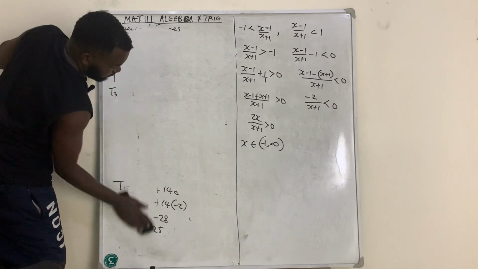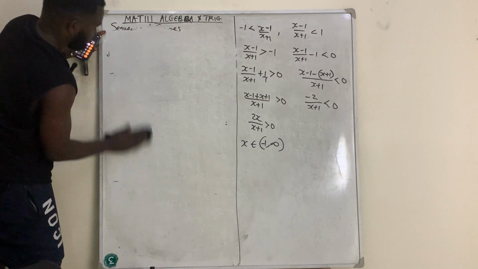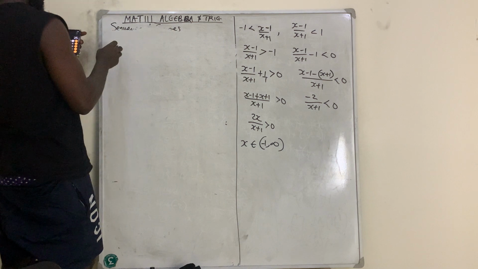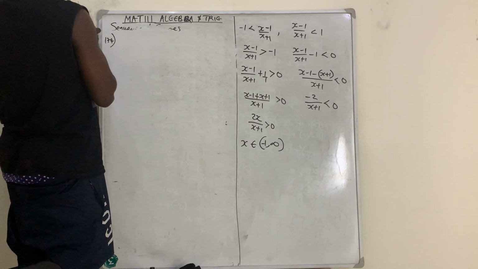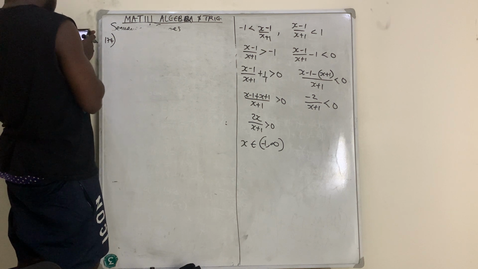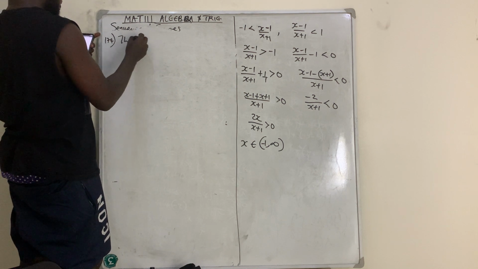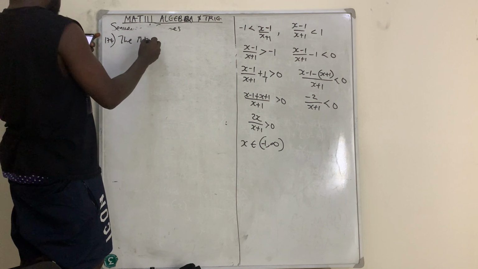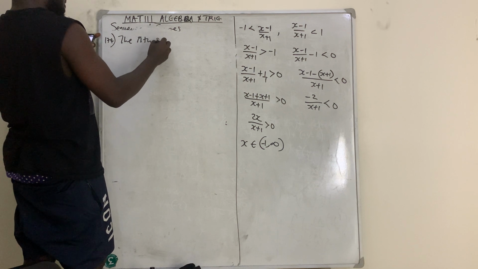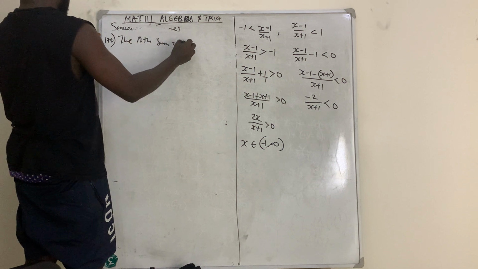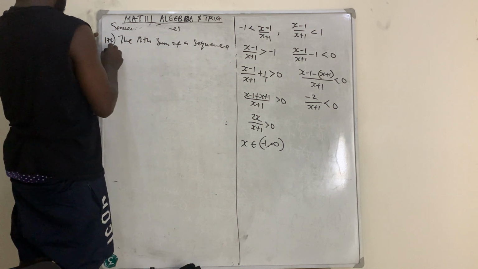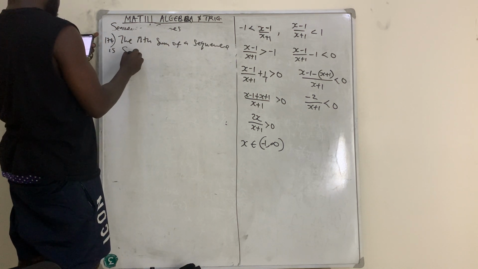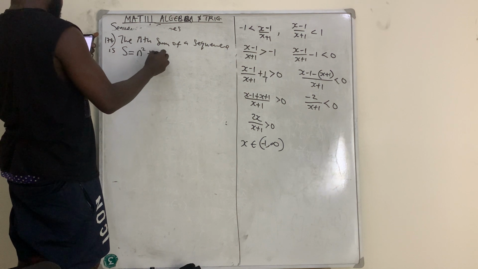Question number 174. Question number 174 said that the nth sum of a sequence is Sn equal to n squared plus 4n.